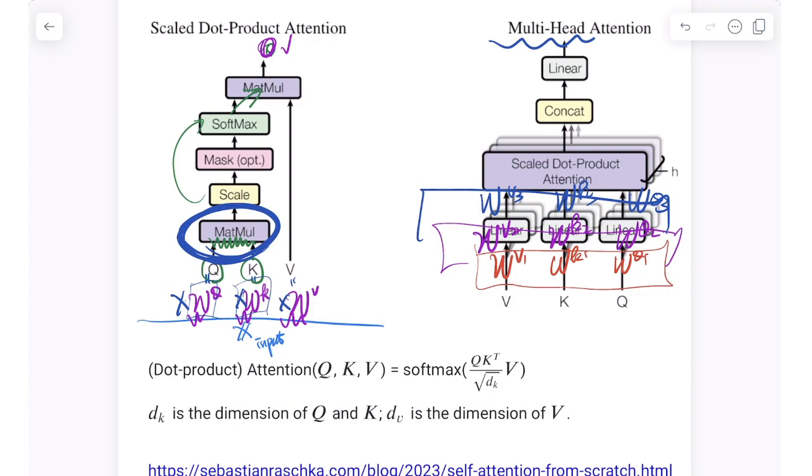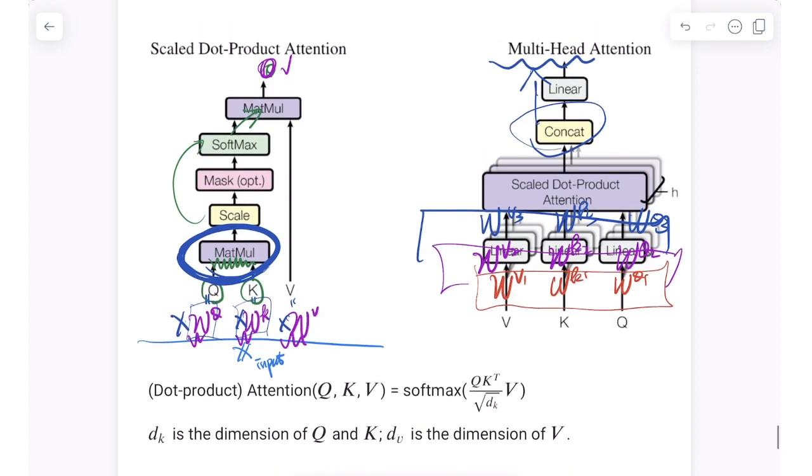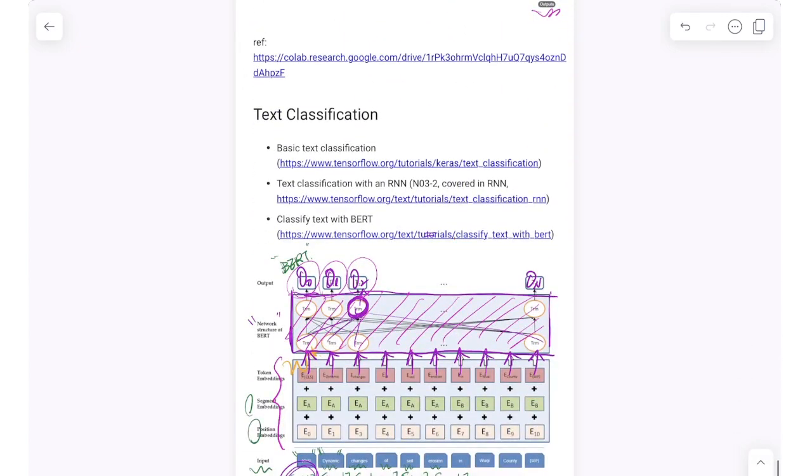They have different perspectives to analyze the text data. After that, we concatenate them together and use a linear projection to produce the output. So basically, we will have this multi-head design.